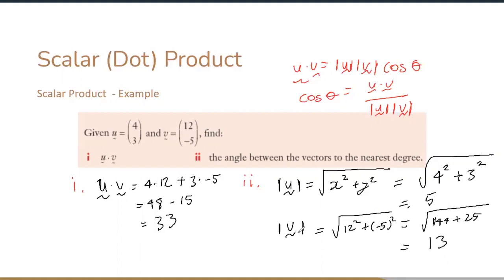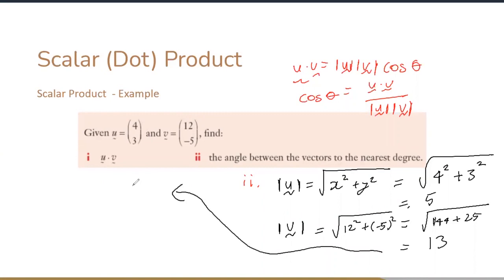So that means if we go back up to this example, we should have u times v. So I'll just clear some room over here and continue the working on this side. So if we want u times v, then the magnitude of u times the magnitude of v is equal to 5 times 13, which is equal to 65. And so from here, our cos theta is equal to the dot product, which is 33, which we already learned.